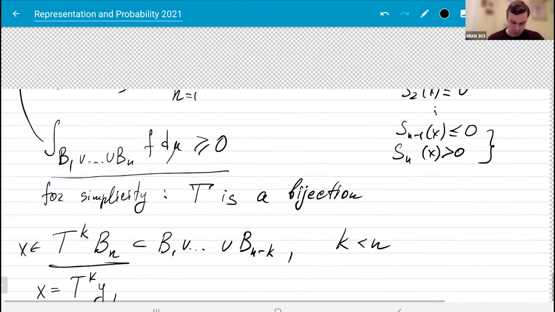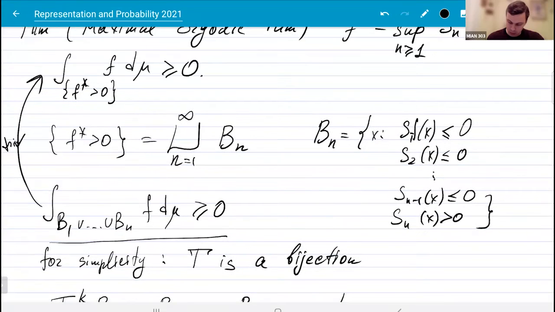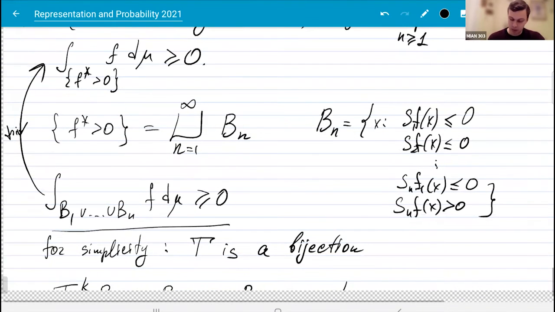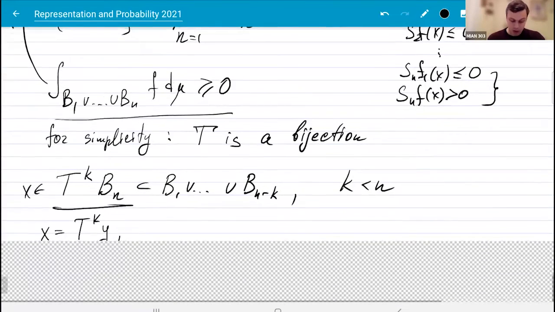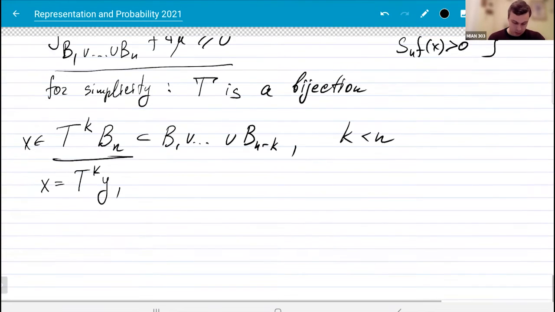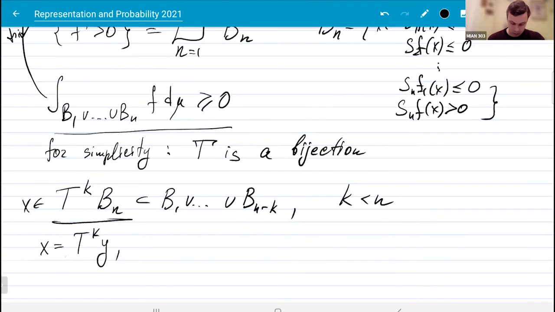I'm sorry, here of course I should write this because f is fixed, but it is still in the notation. So let us say that y belongs to Bn.